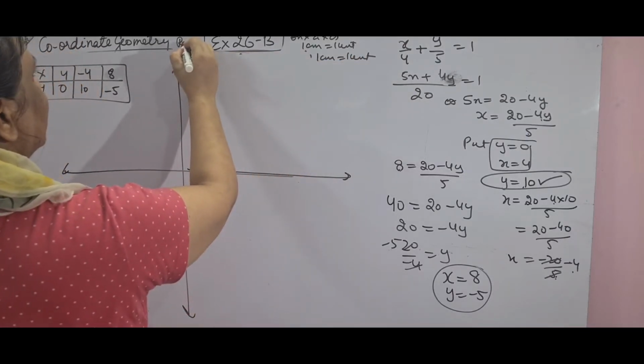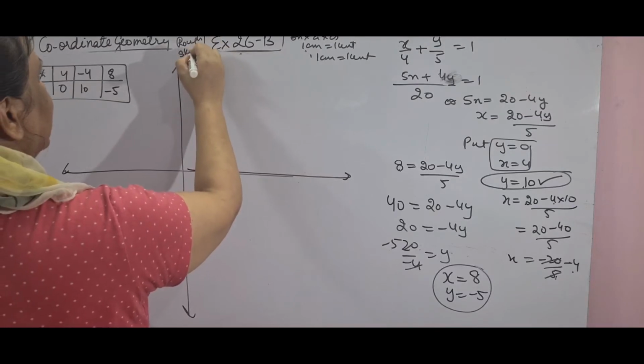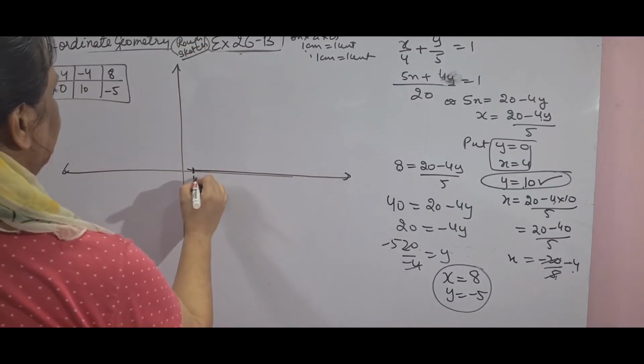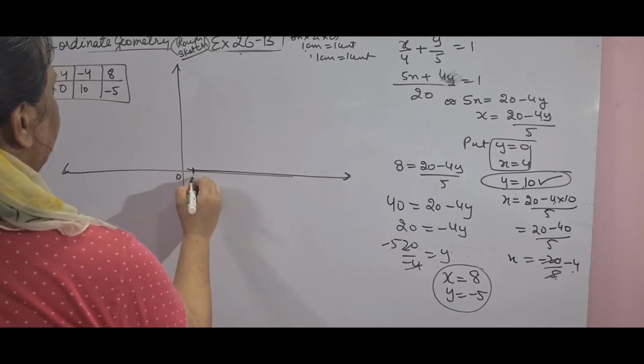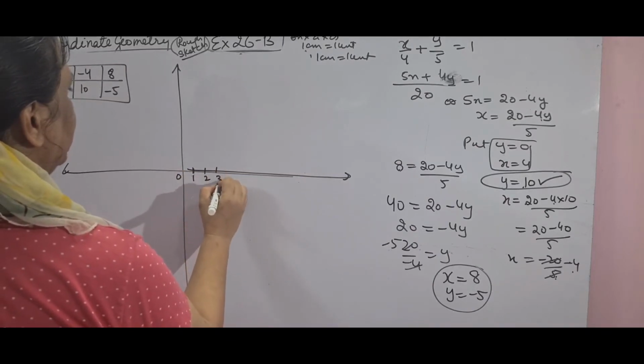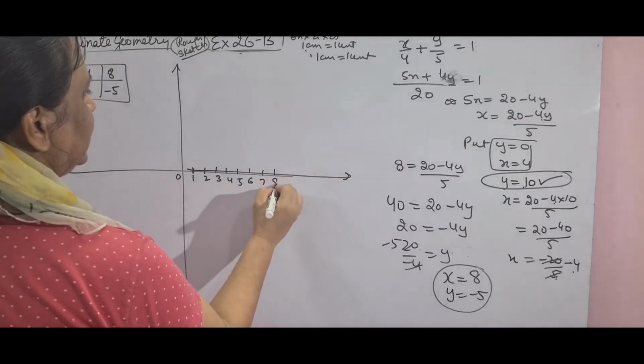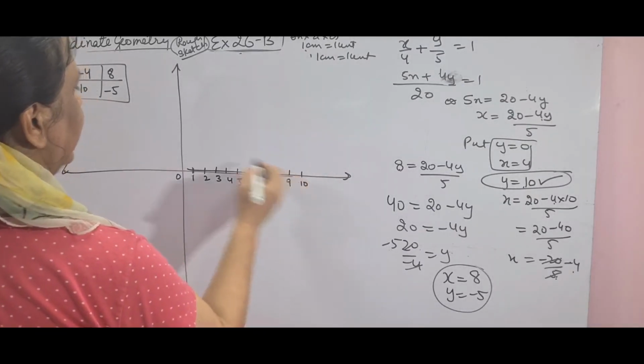I am writing here rough sketch, just to make you understand. So I am calibrating it now. 1, 2, 3, 4, 5, 6, 7, 8, 9, 10.